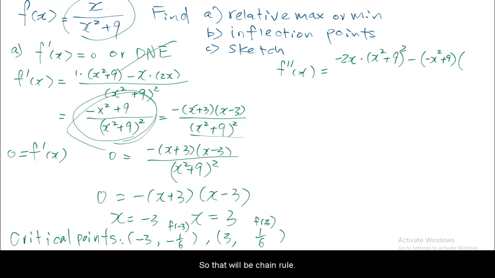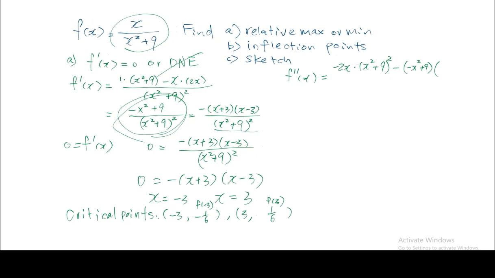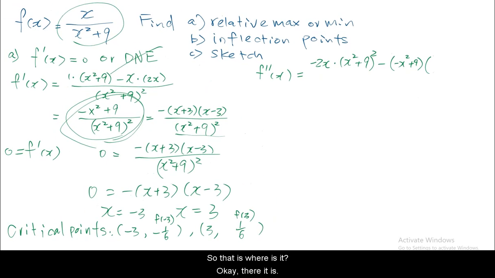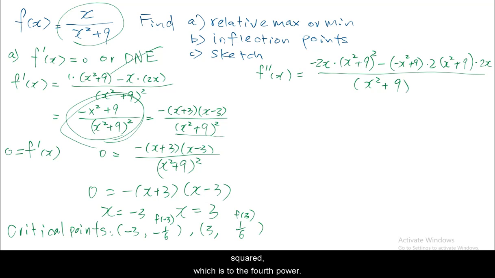That will be chain rule: 2 times x squared plus 9, times the derivative of x squared plus 9, which is 2x, divided by x squared plus 9 squared, which is to the 4th power.